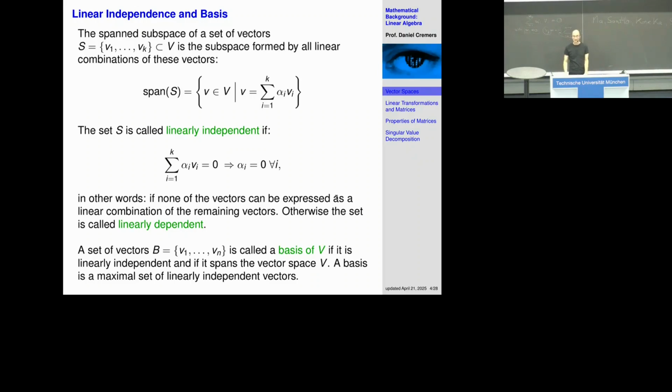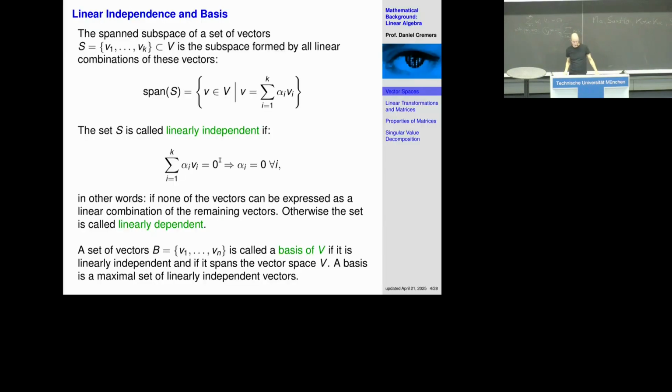Okay. Good, thank you. All right, so basically if they are linearly dependent, meaning the linear combination is zero but at least one coefficient is not zero, then you can express the corresponding vector as a linear combination of the other vectors.